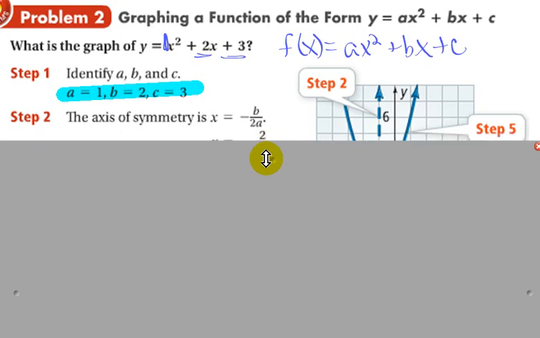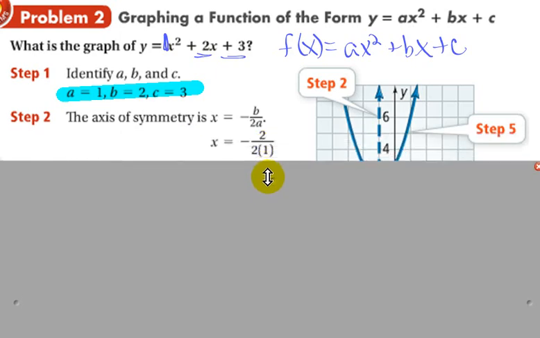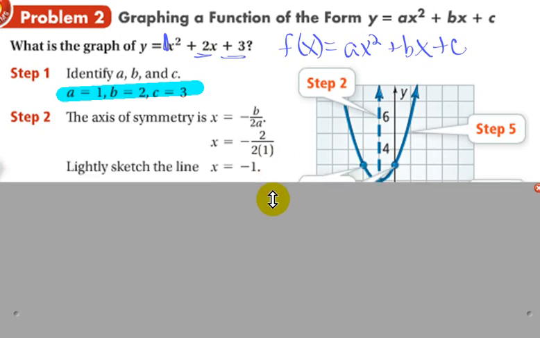So we've got negative, so write your negative, and then substitute 2 for b, right there, and 1 for a. So you have negative 2 over 2 times 1. Well, 2 times 1 is 2, and negative 2 over 2 is negative 1. So now we've got our axis of symmetry, and the first part of our vertex.